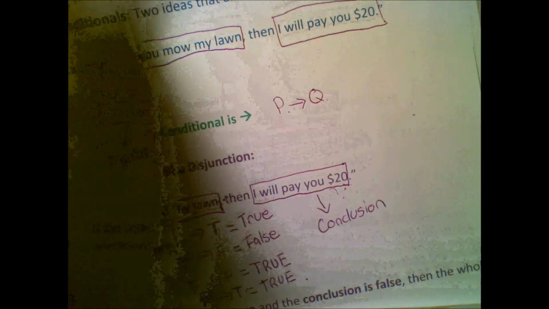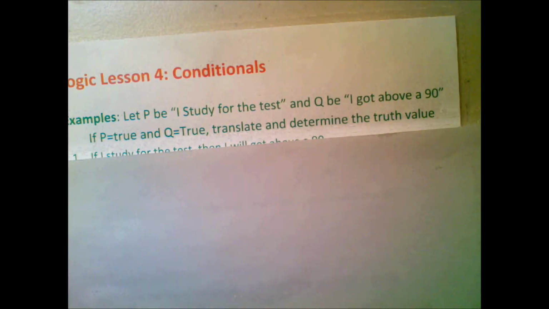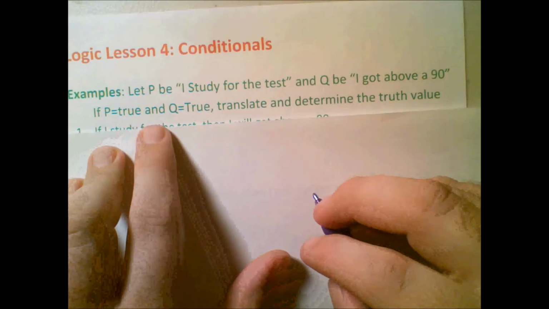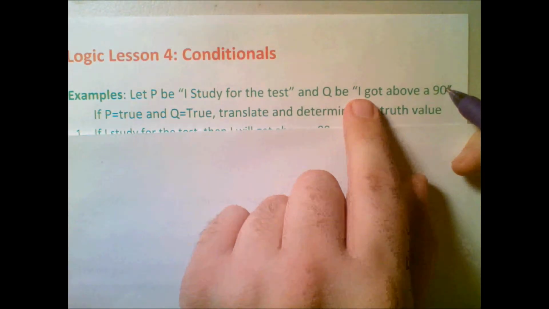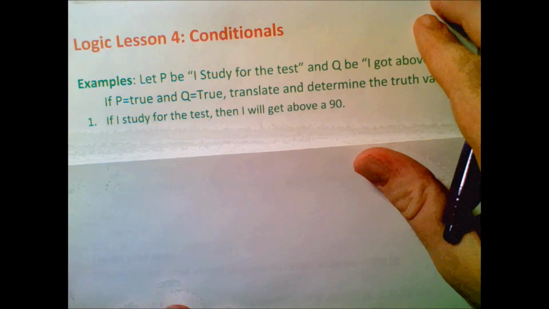Now, let's take a look at some examples. No more dogs and cats, but let P be I studied for the test, and Q be I got above a 90. If P is true and Q is true, that means you studied and you also got above a 90 on the test. We're going to translate and determine the truth value of the statement.